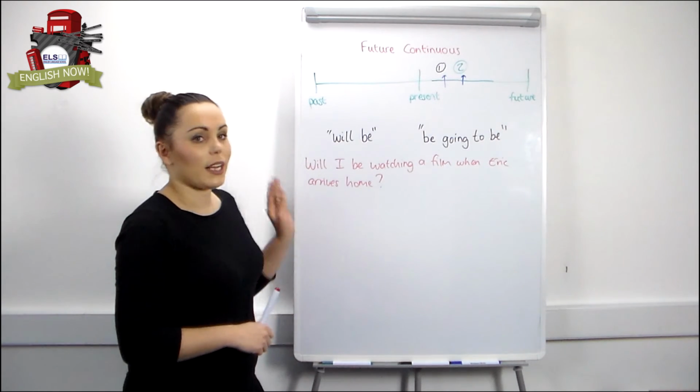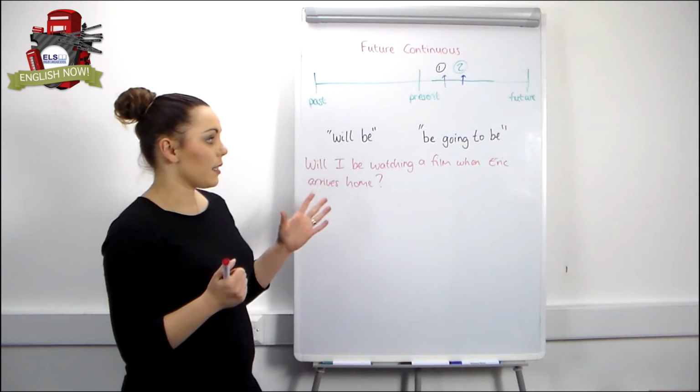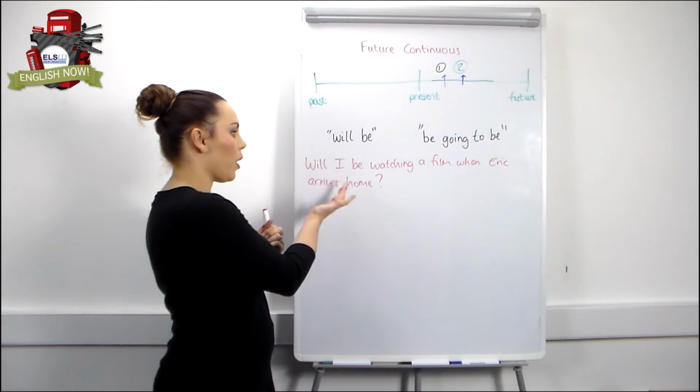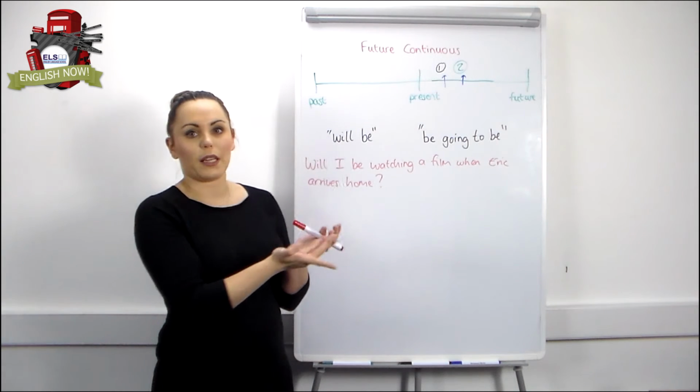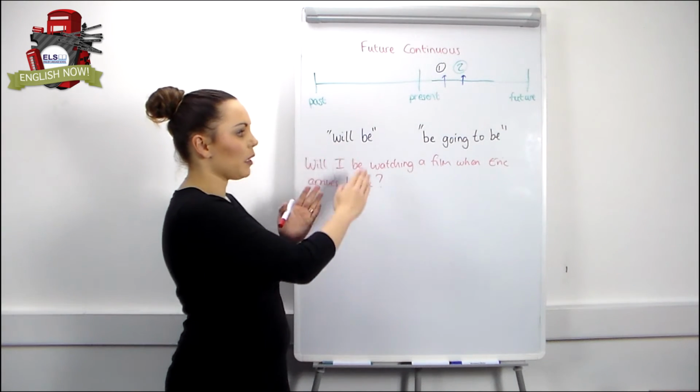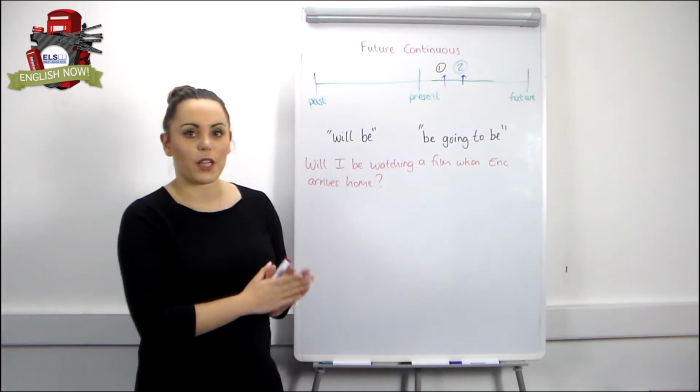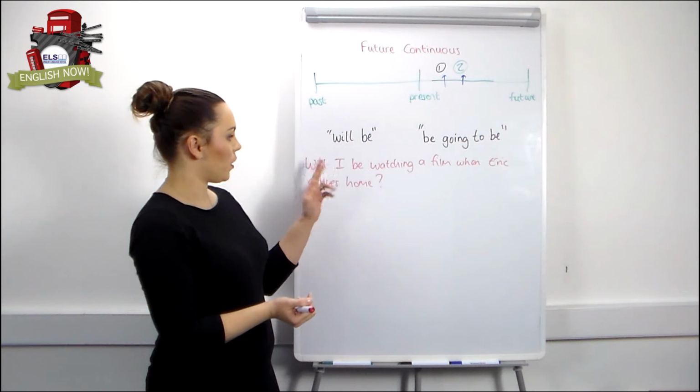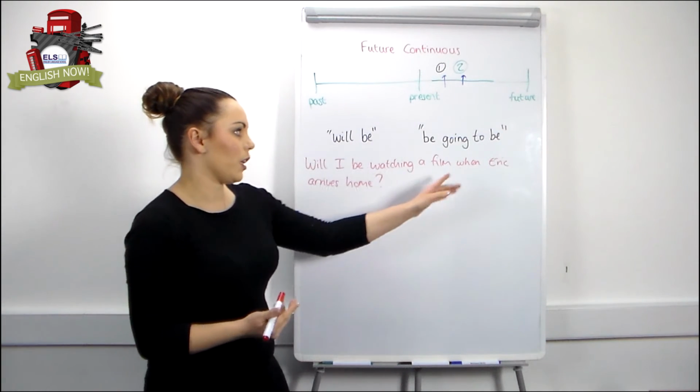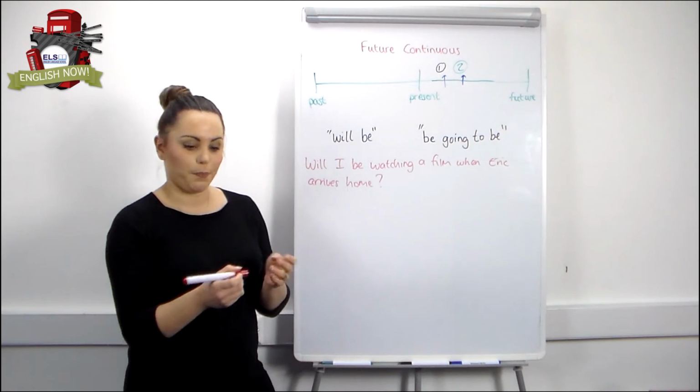The sentence structure is the same as the statement, apart from we've swapped the subject and the will. So instead of I will be watching a film when Eric arrives home, we've changed those two words round. Will I be watching a film when Eric arrives home?